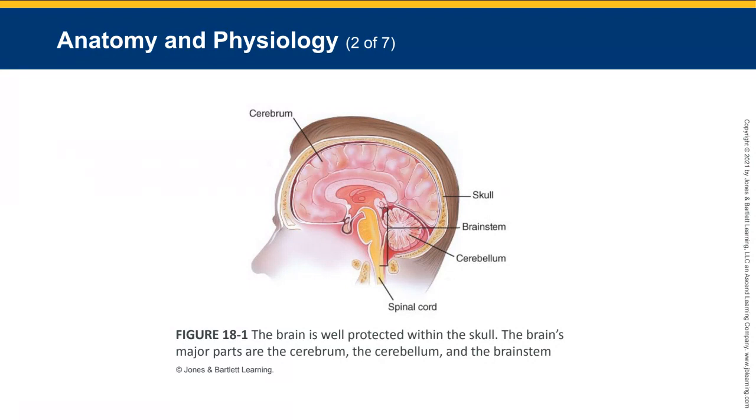That's the function of the cerebellum, often referred to as the midbrain. And the brainstem, which is the smallest portion of the brain and the most well protected, is responsible for life-sustaining functions.